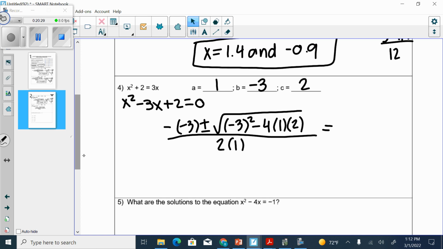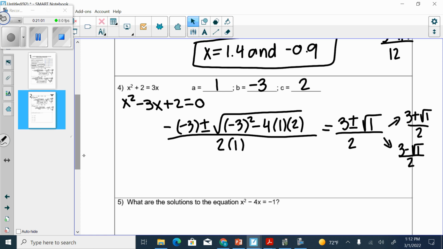Okay, so I got 3 plus or minus the square root of 1 all over 2. Well, the square root of 1 is just 1. So this time we should get better numbers, okay? So we've got 3 plus square root of 1 over 2 and 3 minus square root of 1 over 2. So this is really 3 plus 1, which is 4.